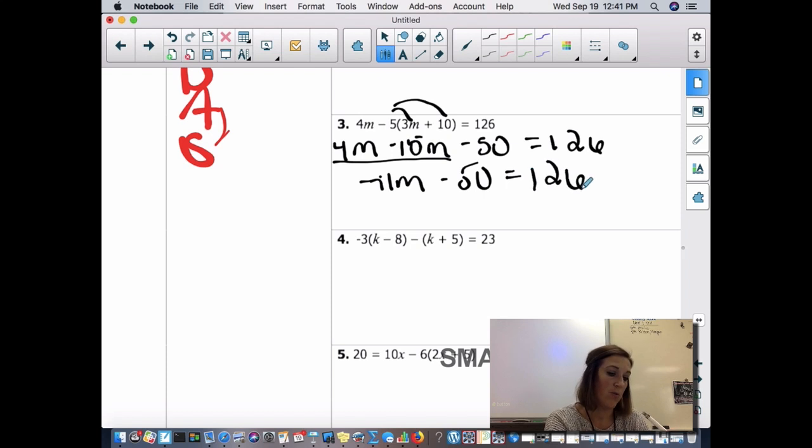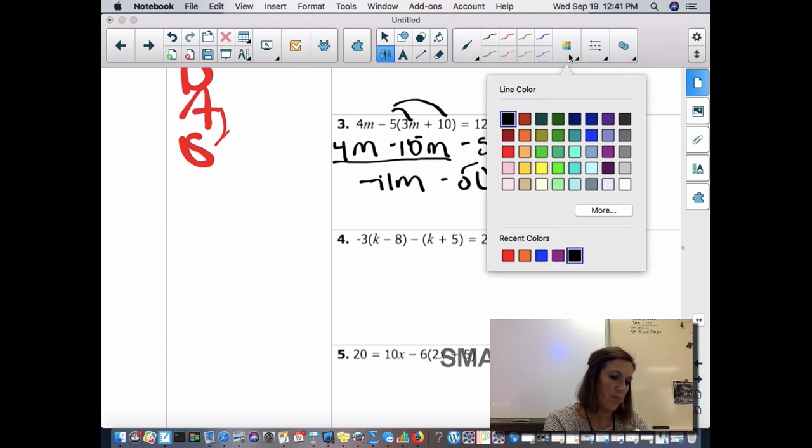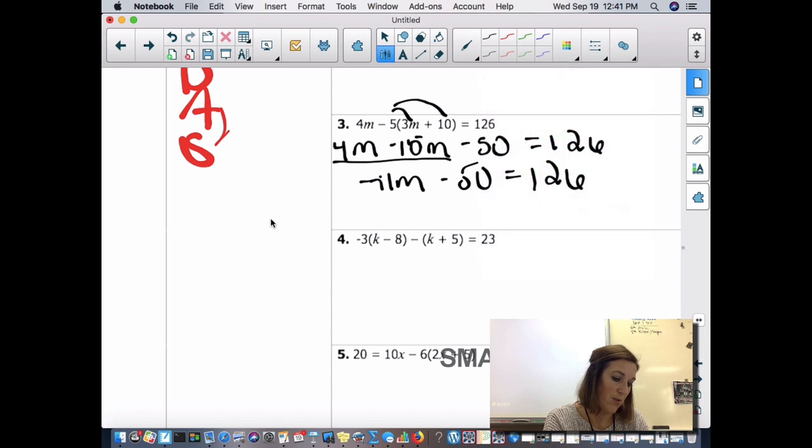126. So now we're to our two-step problem here. So I have a minus 50, so the opposite is to add 50. Add 50. So I'm left with negative 11m equals 176.